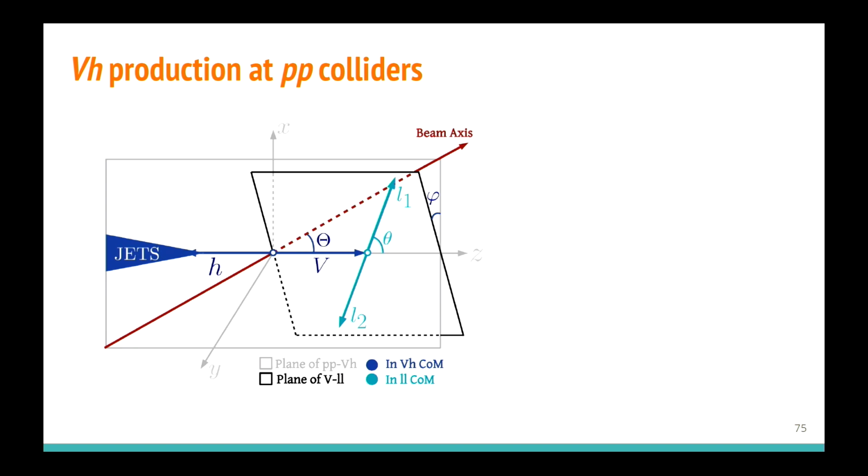So in this cartoon, at the LHC two protons collide, this is the beam axis, and it produces a weak boson, either a W boson or a Z boson, and a Higgs boson. The weak boson decays to a pair of leptons and the Higgs decays to bottom quarks, and I have taken a thick jet here.